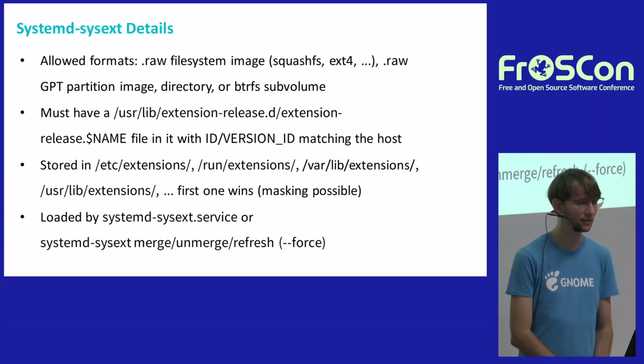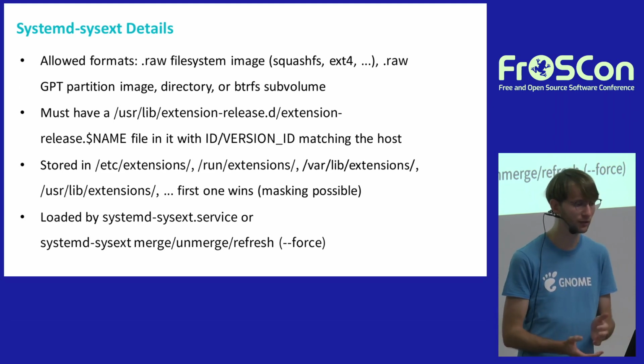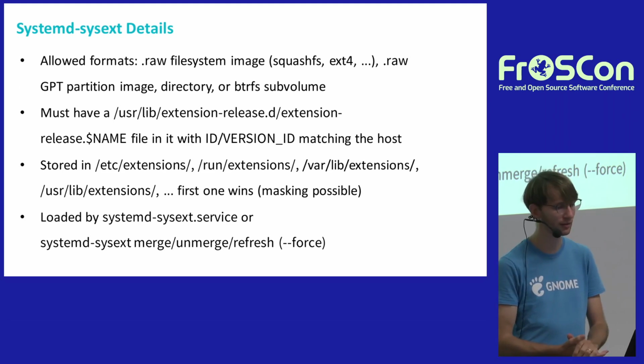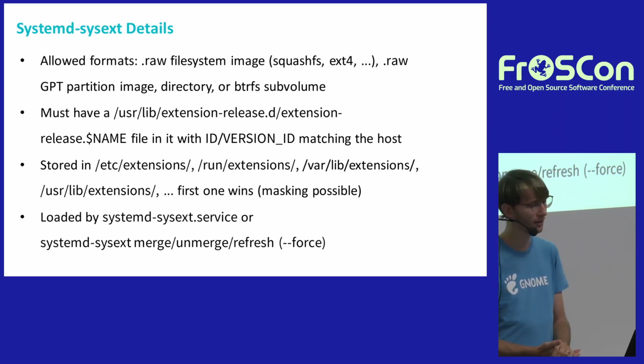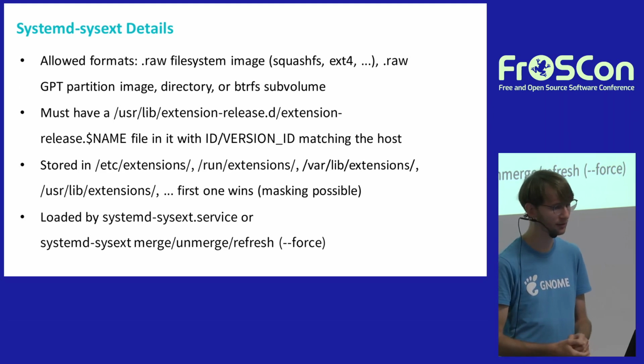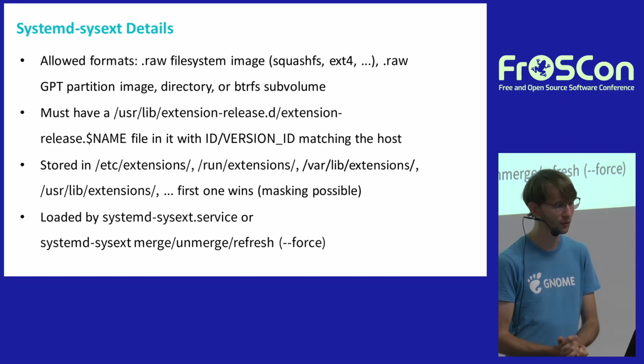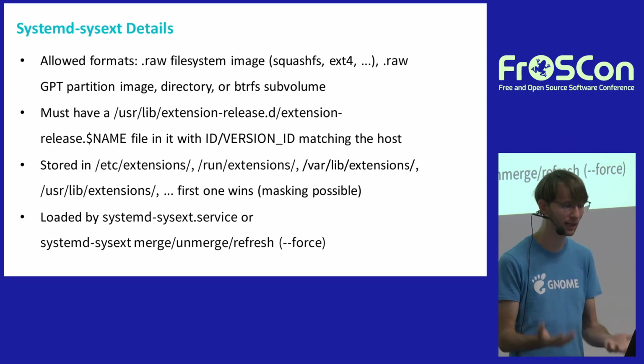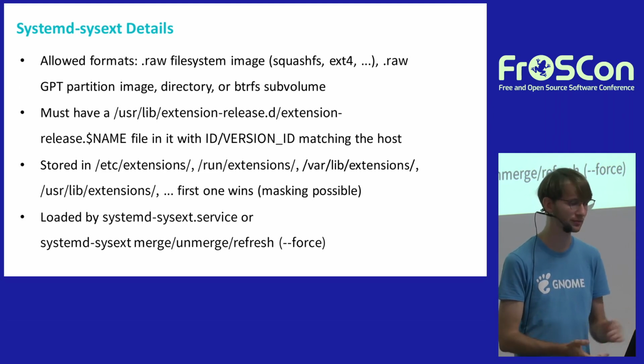So, inside this file system tree that you have, you must have an extension-release file under this path here, called extension-release.<name of your sysext>, and it's used for matching what the extension expects from the host.